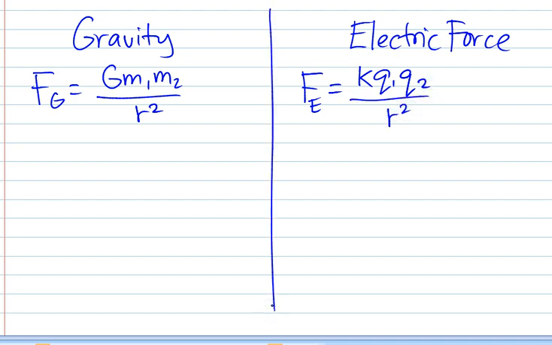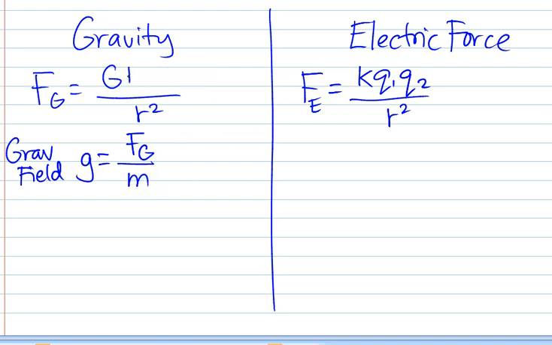So we have a natural parallel, and we said that the gravitational field g was the force of gravity divided by one of the masses. So if I were to call this big M and little m, then this would be big G big M over r squared.